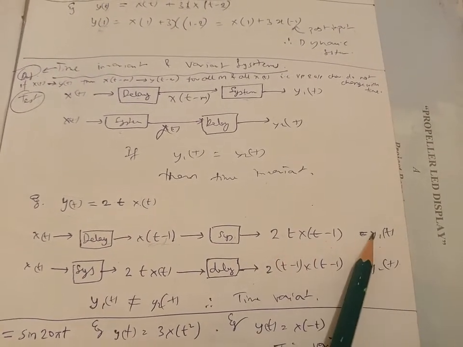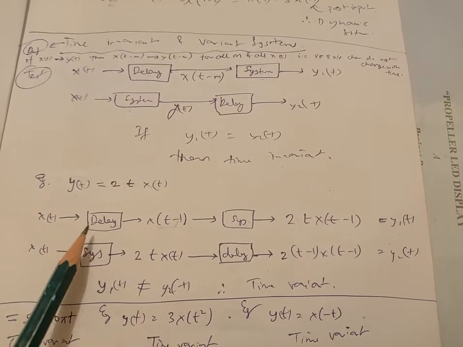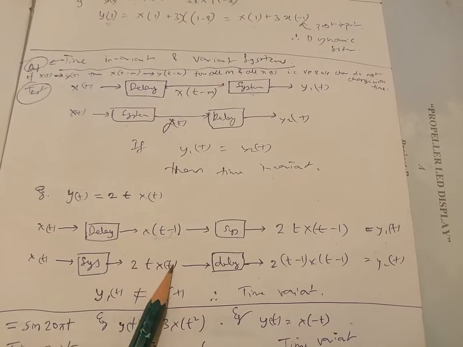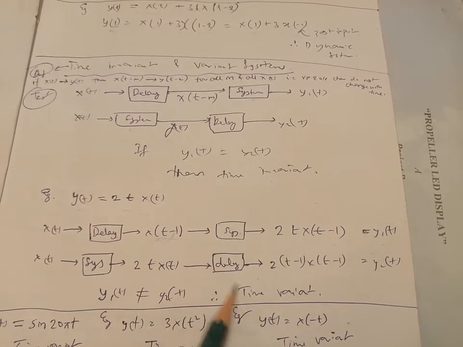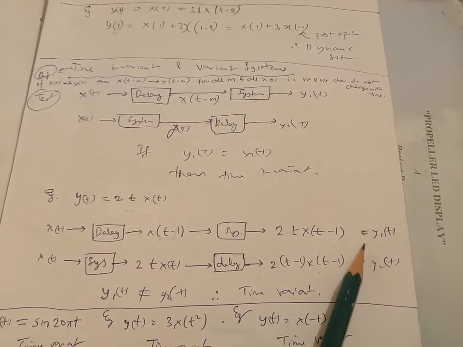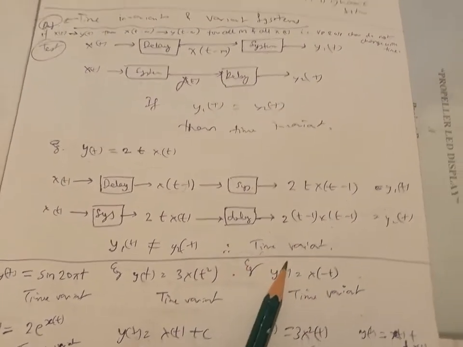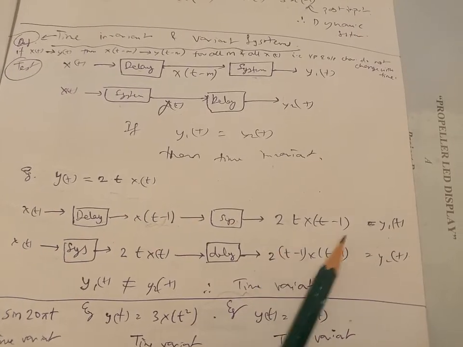This is the output. Now before delaying, if you enter the signal directly as input, it will give this output, which is the definition. Now delay this, then you will have this. Note that y1 is not equal to y2. That means it is time invariant. Sorry, time variant. It is varying in time.